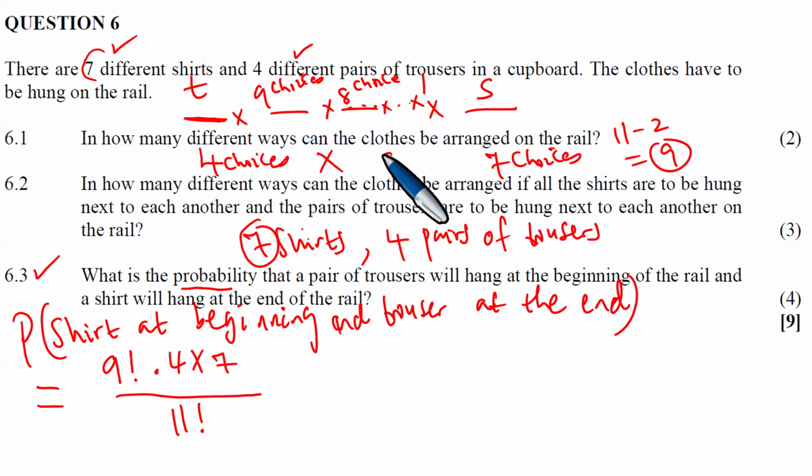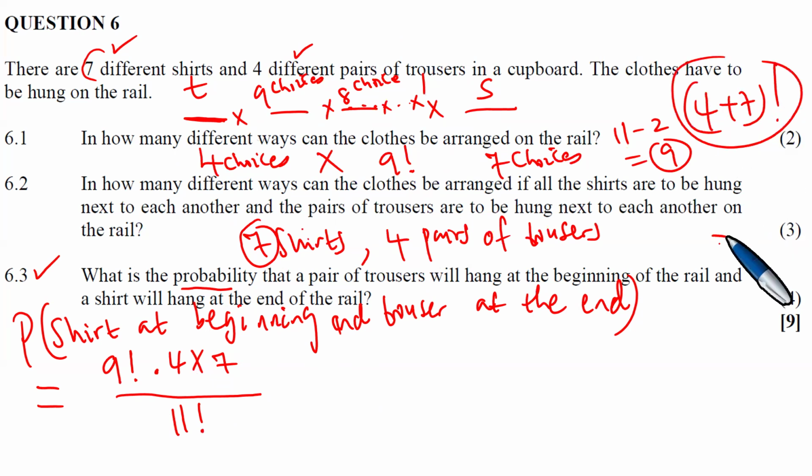And there are 9 of them. And those you can do in 9 factorial ways. So in the end, it's 9 factorial times 4 times 7 divided by the total arrangements of everything, which is 4 plus 7 factorial, exactly 11 factorial. So what is this probability?